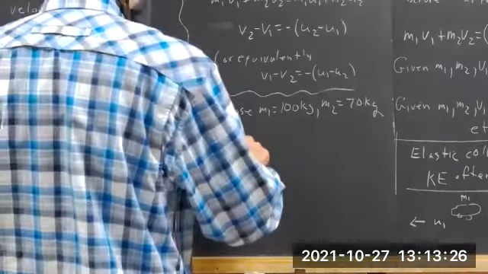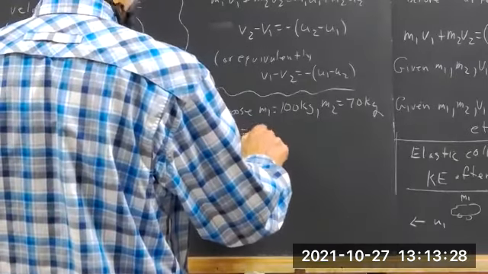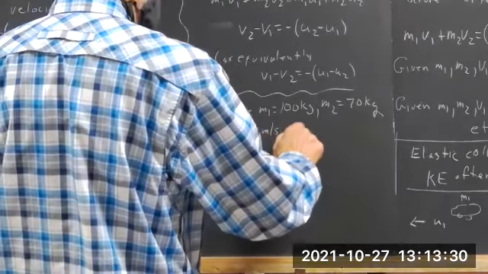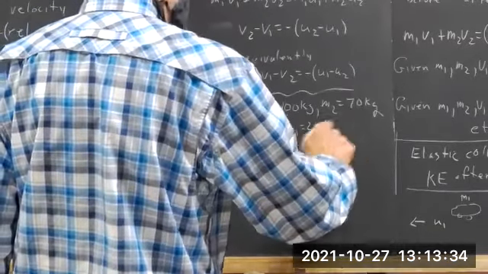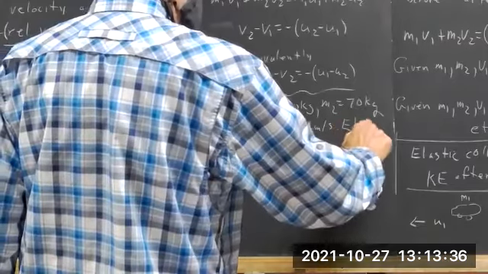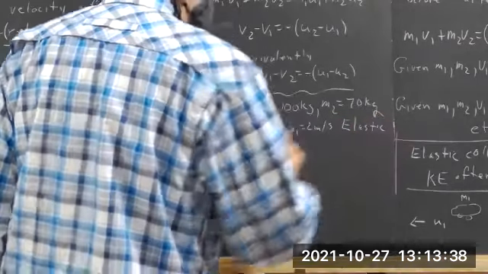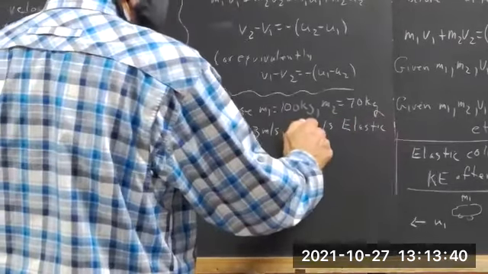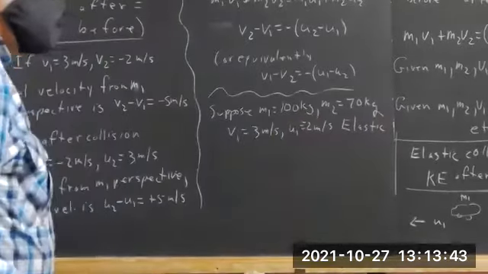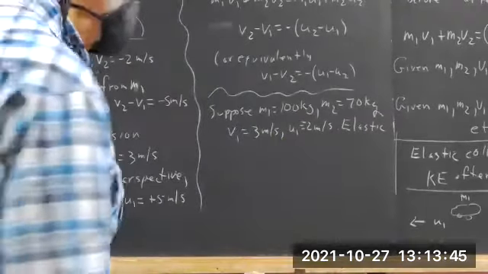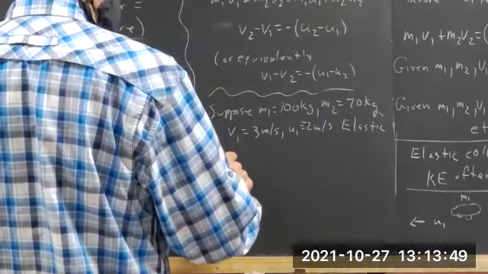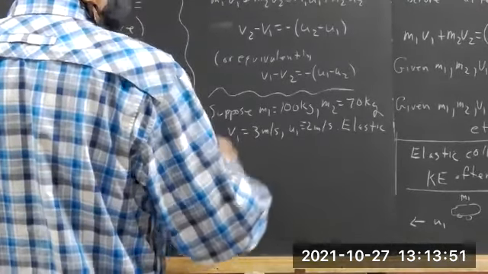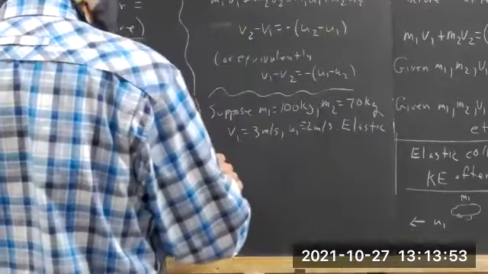V1, okay, we've got 3 meters per second and negative 2 meters per second. And the collision's elastic, so I'll write it out with the numbers.